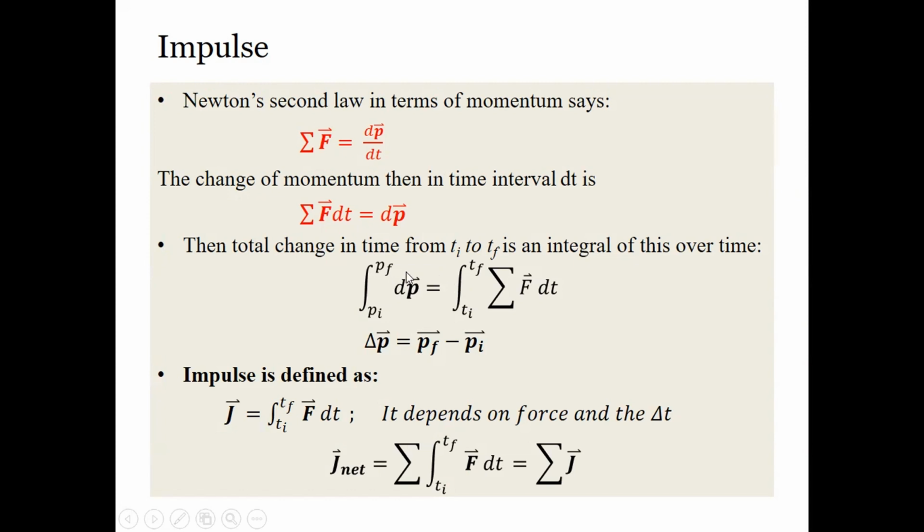Then the total change from ti to tf is given by the net force integrated over the time, which is equal to dp, which is equal to pf minus pi. Therefore, the impulse can be safely said to be J net equal to the sum of all such products, where the integral of F dt is taken.